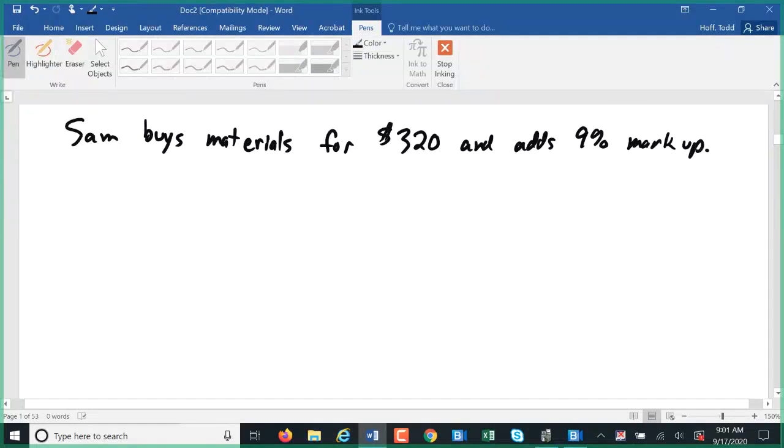So kind of a similar setup, a different price, but still the 9% markup. But now the question is, how much does Sam charge the customer?